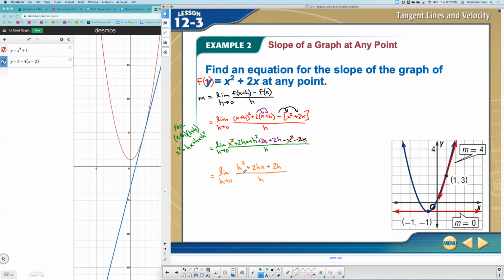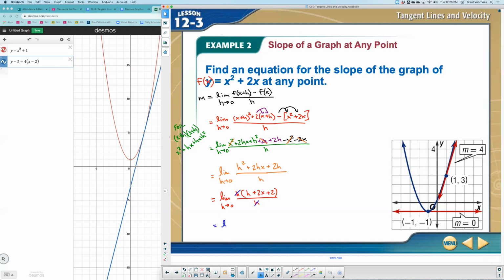Again, I have a common factor in the numerator, a greatest common factor of h. So I can simplify this by saying this limit as h approaches 0 is equivalent to, if I do a GCF here, h I would divide out, so I'd have h plus 2x plus 2 all over h. And we can see that these h's would simplify with one another.